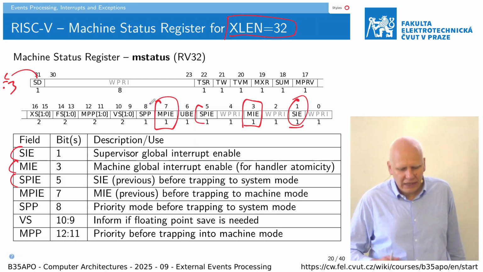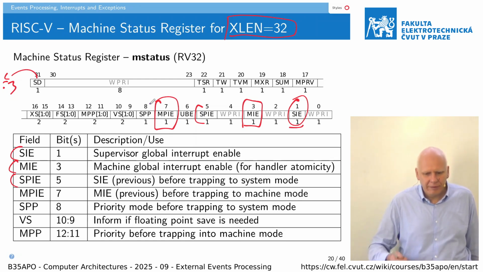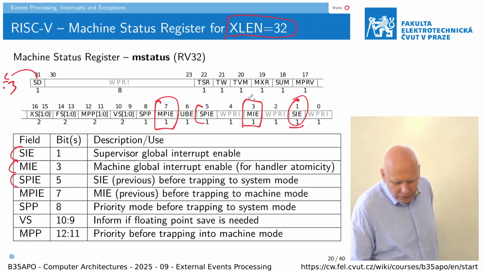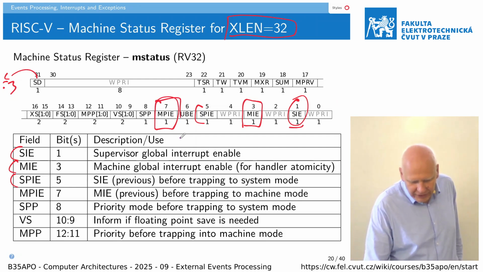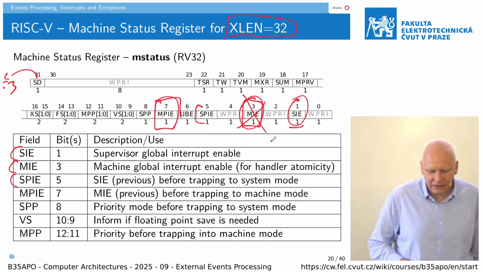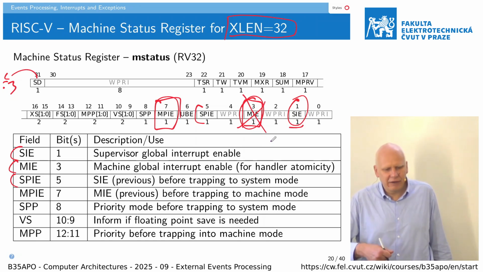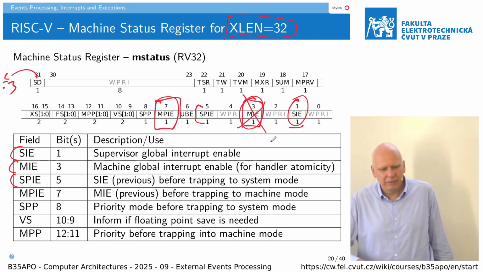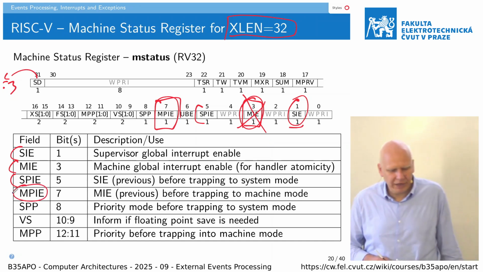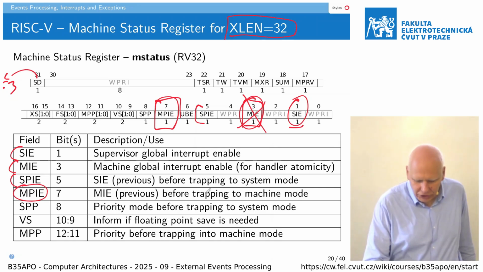So basically, at the moment when an interrupt arrives, the previous value is copied to this bit, and the enable bit is cleared. So it cannot happen that immediately after accepting one interrupt, there is yet another. This is why we have the previous interrupt enable in machine mode.